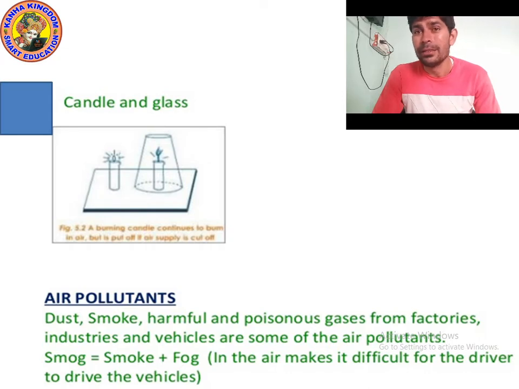And because oxygen is not coming into the glass, because the oxygen has already burnt, this carbon dioxide blows out the flame. Due to this carbon dioxide, the candle stops burning. So we can say that carbon dioxide helps to blow it out, and oxygen helps in burning.